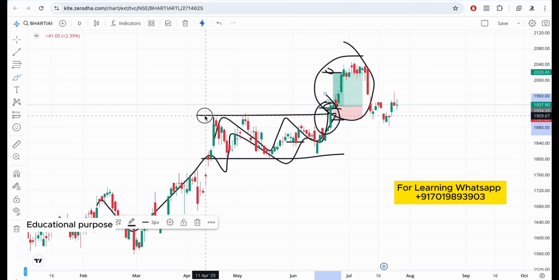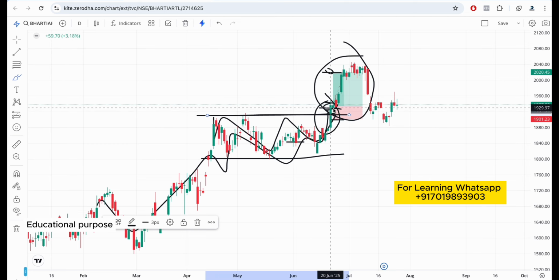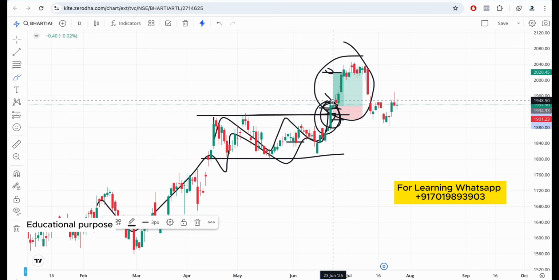This price consolidation gave a breakout with a big volume of buyers, and after seeing this, I bought it on the next day once the price started to hold above this resistance level breakout. After this, I kept a 5% target, and my target was achieved.